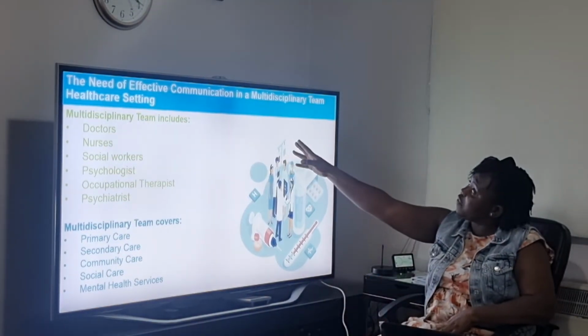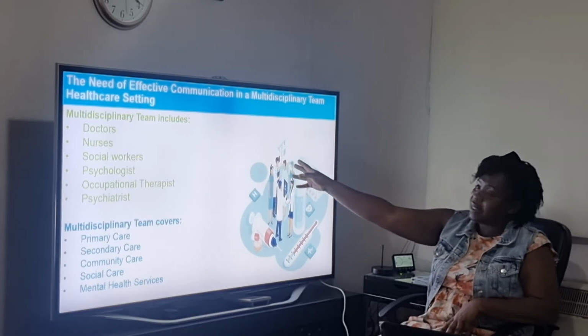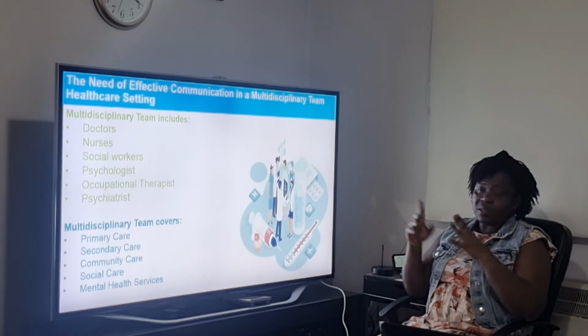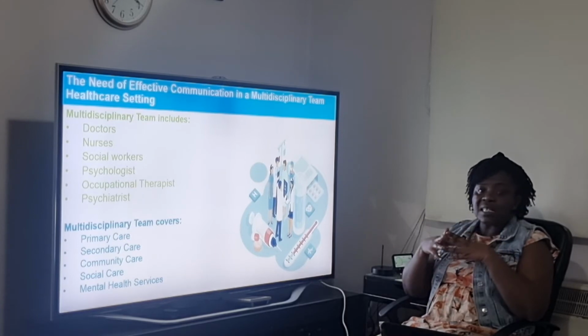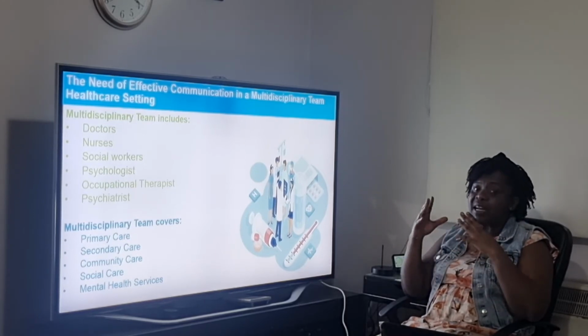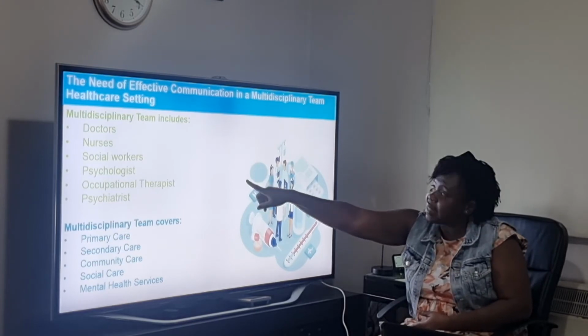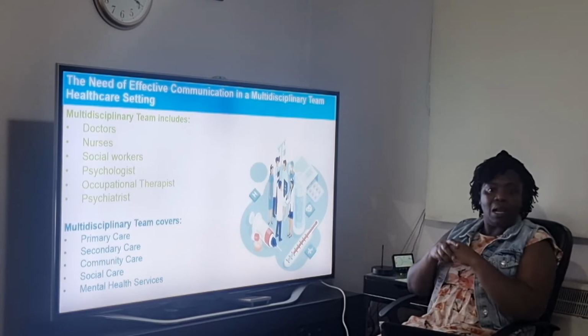The need for effective communication in a multidisciplinary team healthcare setting. What is a multidisciplinary team? A multidisciplinary team is a healthcare setting comprising a patient and different healthcare professionals such as doctors, nurses, social workers, psychologists, occupational therapists, and psychiatrists.